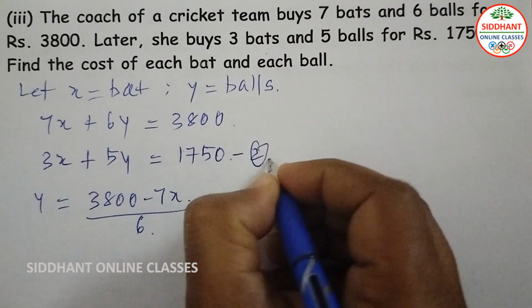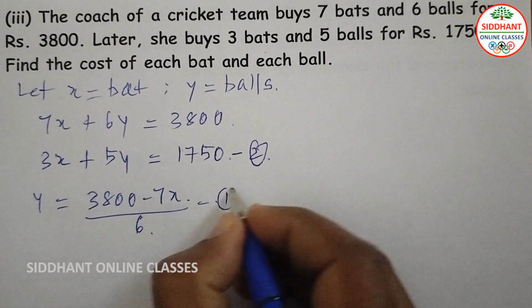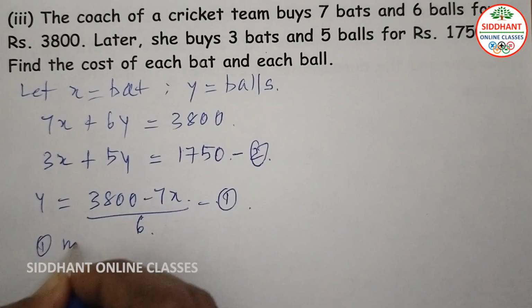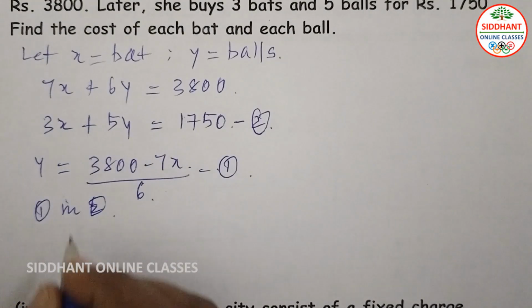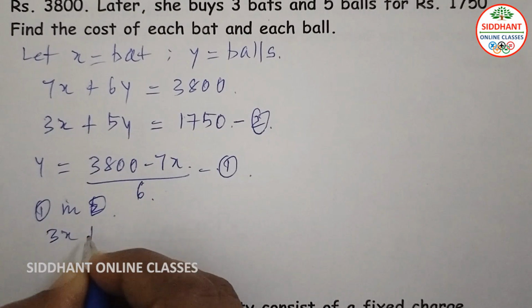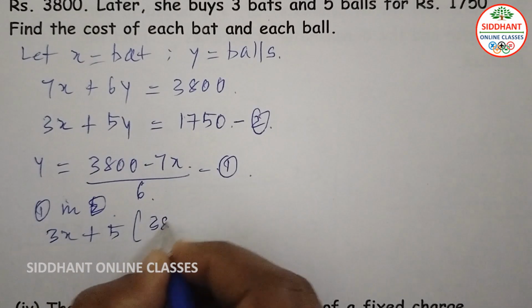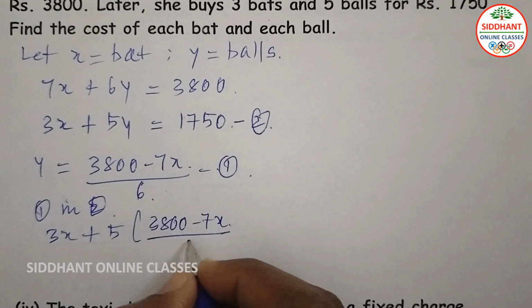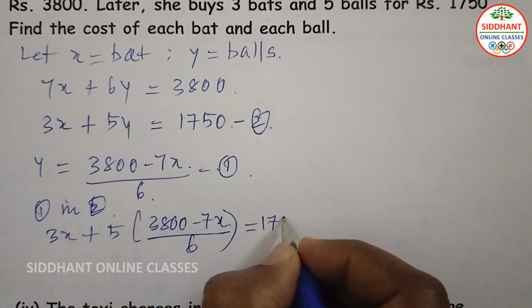So this is equation 2, and this is equation 1 suppose. So 1 in 2. So here we get 3x plus 5 into (3800 minus 7x) by 6, that equal to 1750.